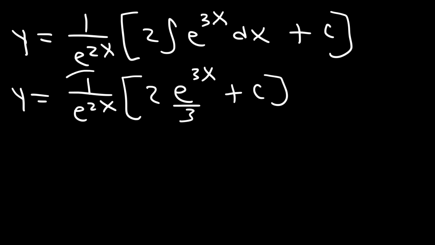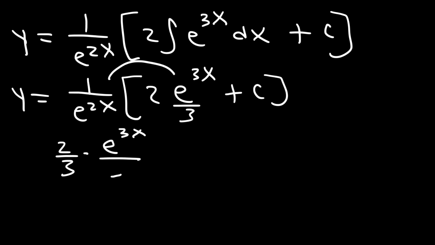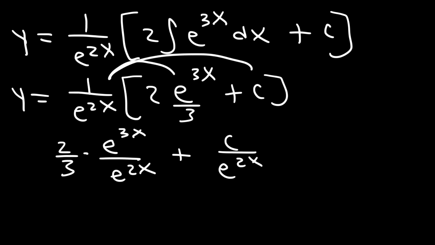Now let's distribute this to both terms. We're going to have 2 over 3 times e to the 3x divided by e to the 2x, and then plus, if we multiply these two, c divided by e to the 2x. When you divide two things with a common base, you subtract the exponents.